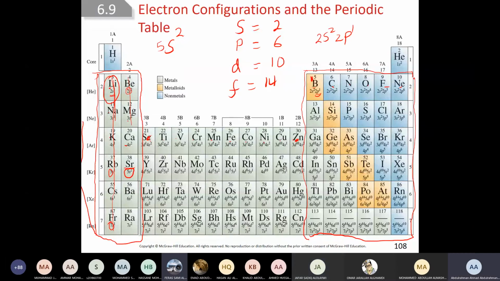All right, and then if you go to Tl here, what will be the last orbital? For Tl, you have to count only, this is 2, 3, 4, 5, 6. The last orbital will be 6s2, 6p1.